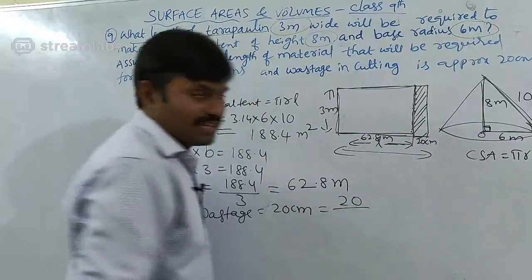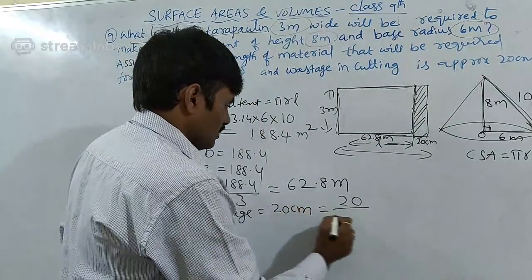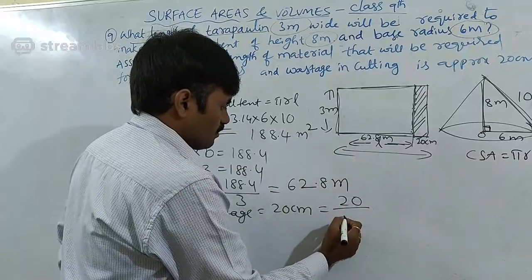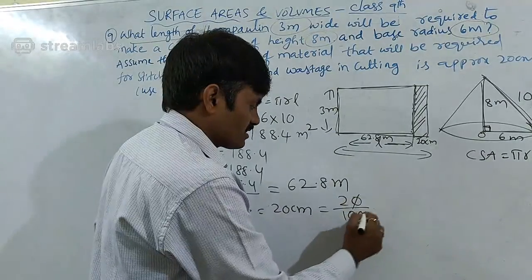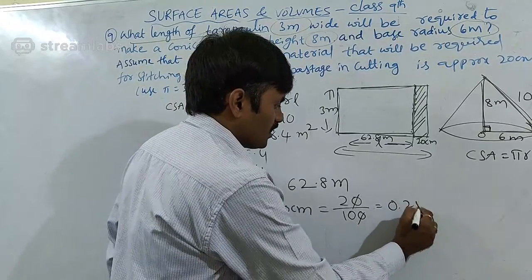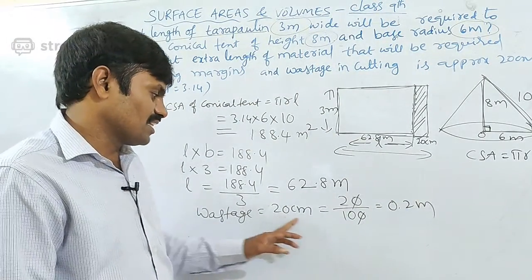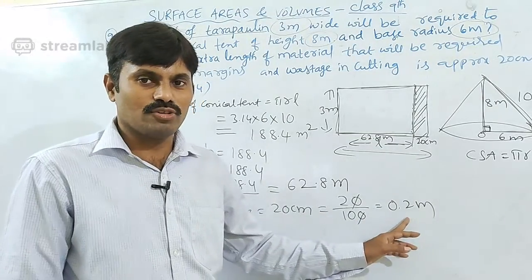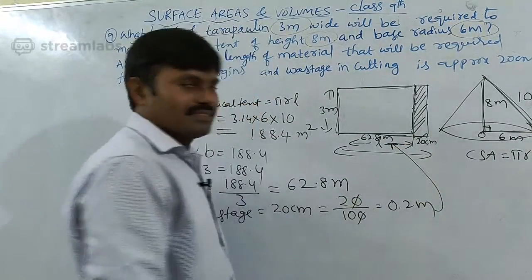We know that 1 meter is equal to 100 centimeters, or 1 centimeter is equal to 1 by 100 meters. So 0 gets cancelled. So 2 by 10 means 0.2 meters. Now 20 centimeters I converted into meters, 0.2 meters. Now we can add to 62.8.